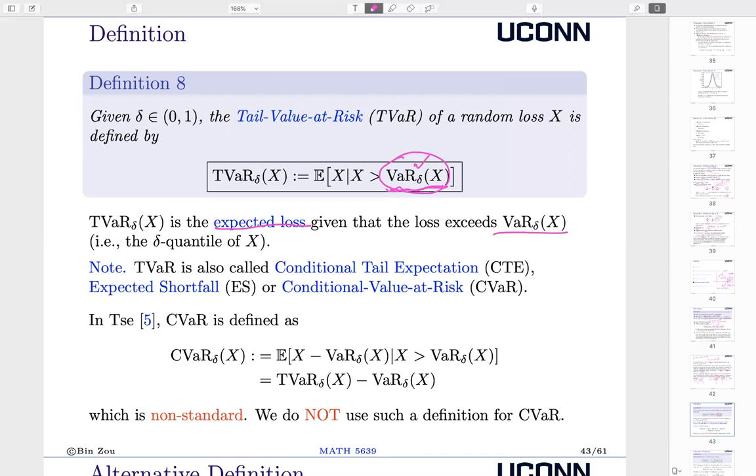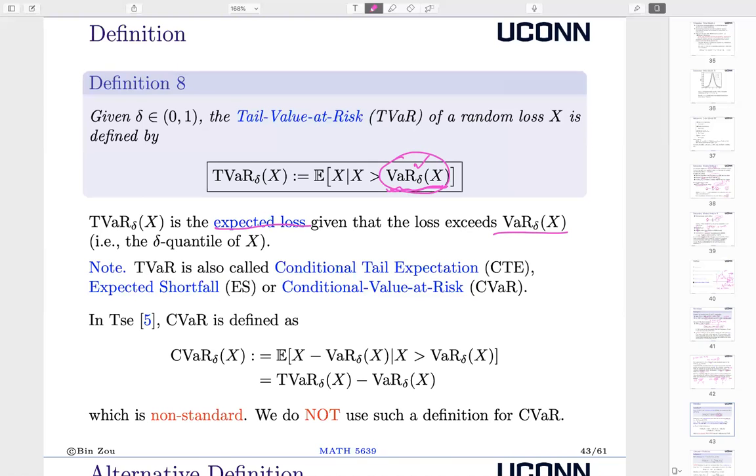Okay. There are many different names. Here I use TVaR because that is the standard notation used in the textbook, and I believe it's also used by the SOA reference, the book written by Klugman, Panjer, and Willmot. They also use TVaR. So that's why we use TVaR. But it's likely that you will see other names, like conditional tail expectation, expected shortfall, or conditional value at risk.